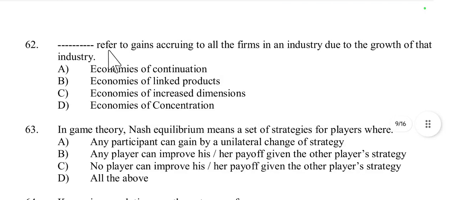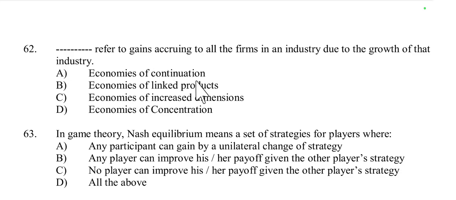Then question number 62. Dash refers to the gains accruing to all the firms in an industry due to the growth of that industry. Options are economies of continuation, economies of linked product, economies of increased dimension, or economies of concentration. It is called economies of concentration.